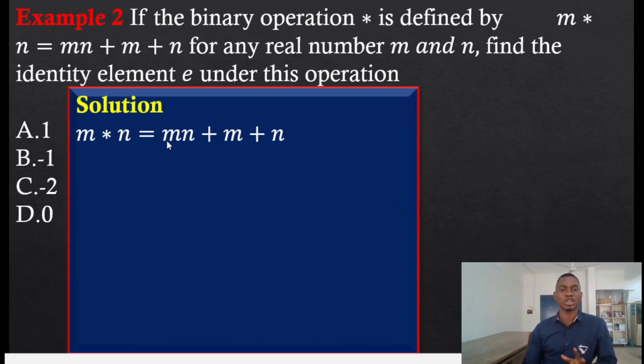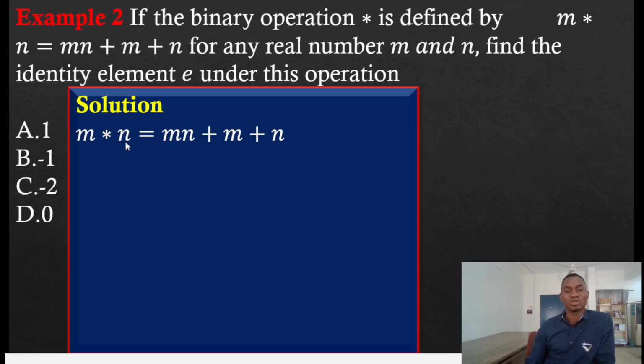I'm not going to say so much here because so many explanations have been given in our previous slides. Of course, write down the formula. This formula is so important.